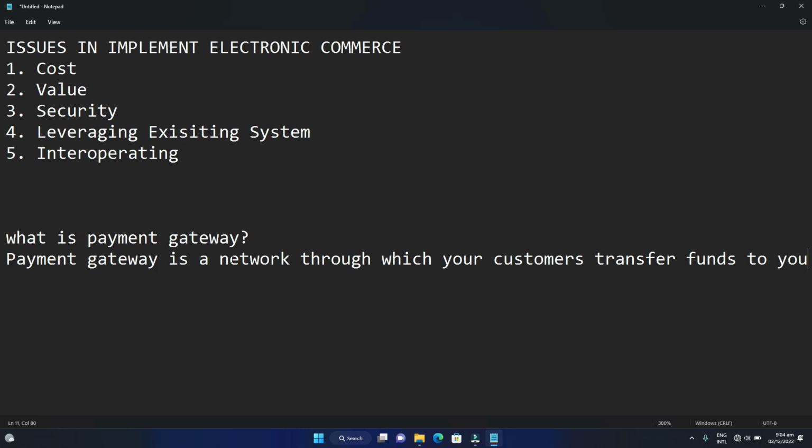Pardon my typing, I'm still a beginner. It's very, very simple. A payment gateway is just a network that your customers use to transfer funds to you. Let's go to the next question. That one is self-explanatory.